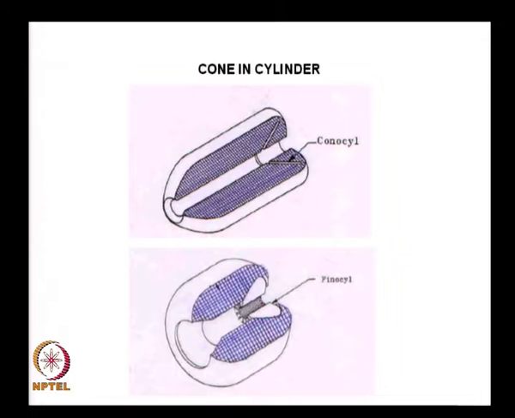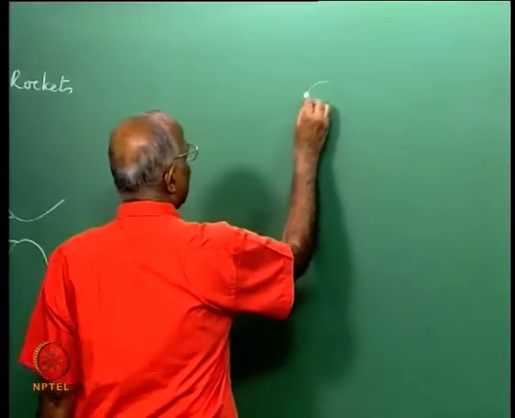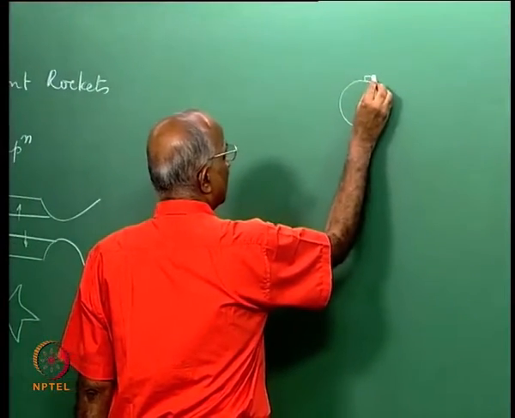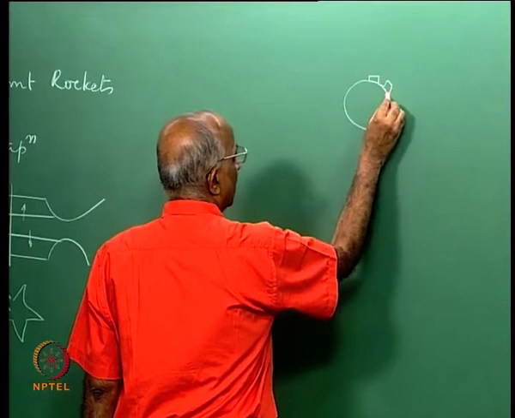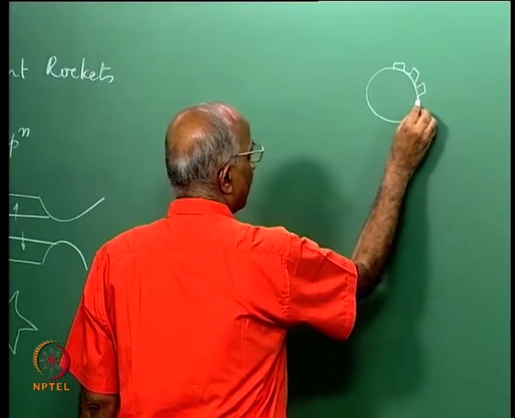In addition to having a sort of a cone in a cylinder, I could also have a cone like this, and this cone has this cylindrical portion. In the cylindrical portion I make ribs like what I show here. In the section shown I make ribs like this, something like fins.